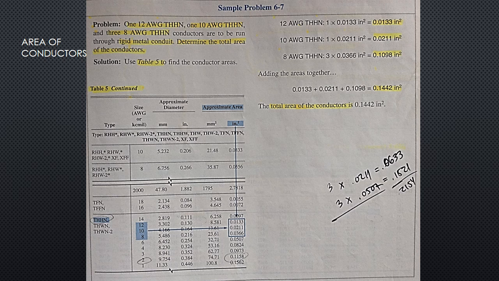And for the 8 AWG THHN, we have three of them, so multiply 3 times its area of 0.0366 square inches, and we get 0.1098 square inches. So we add all of those areas, and we ultimately get 0.1442 square inches. So that is our total area.